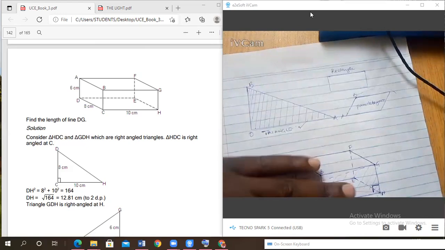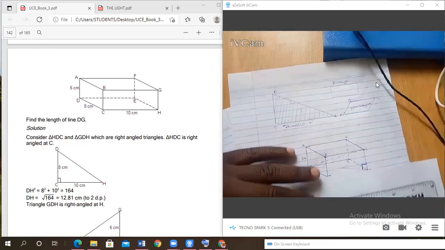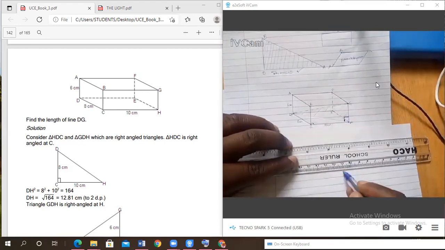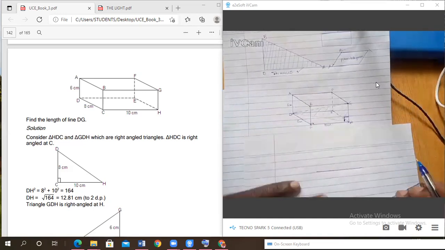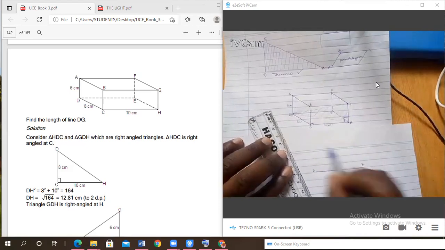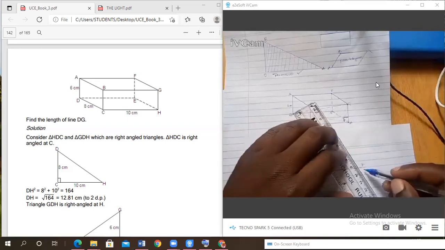I'll first draw DE. So I have DE, from D to E. And I'm going to draw now EH.